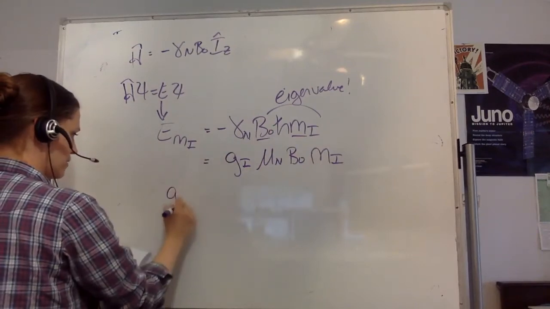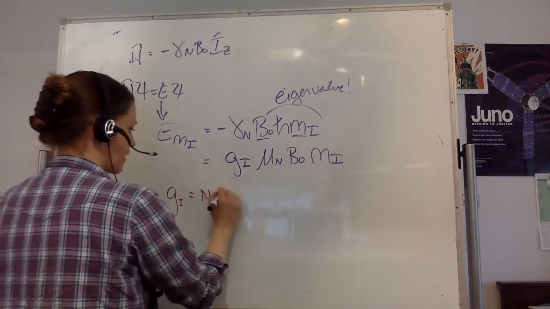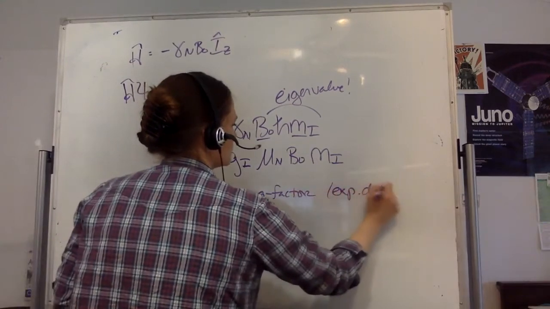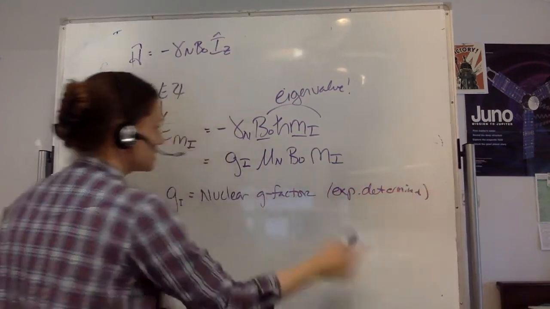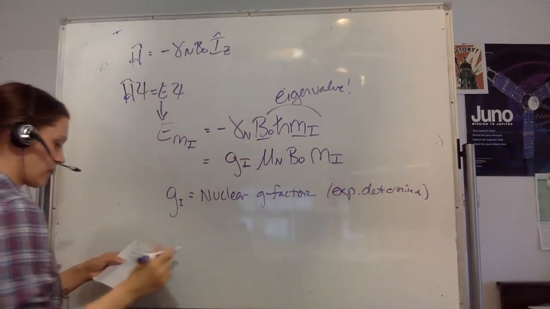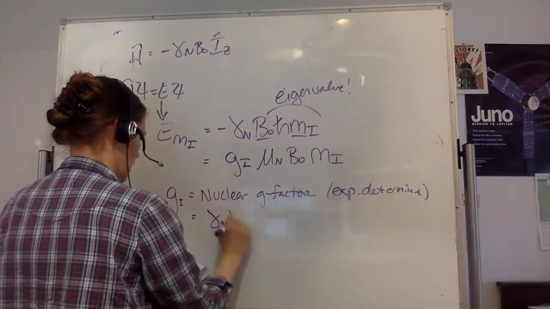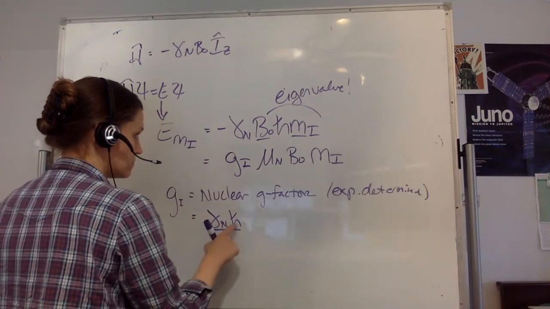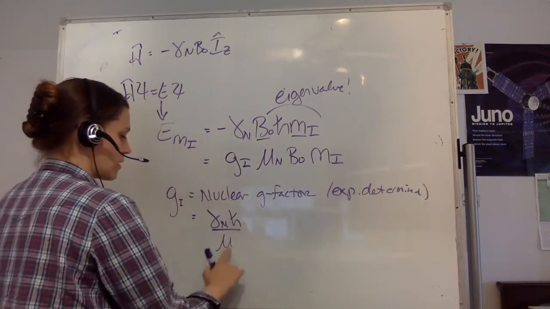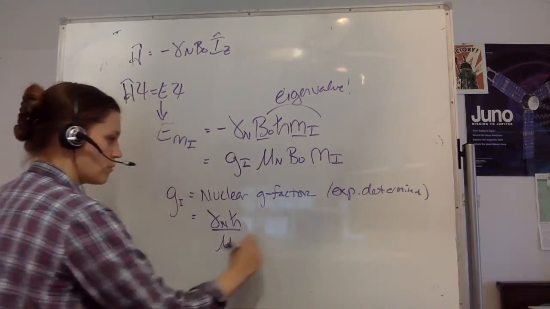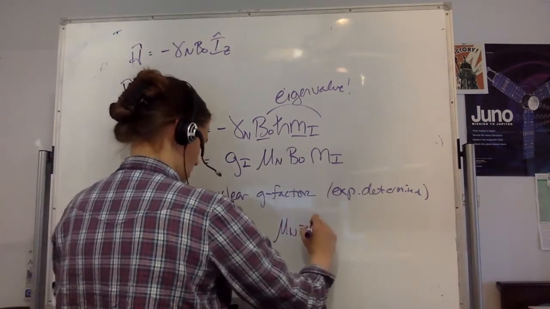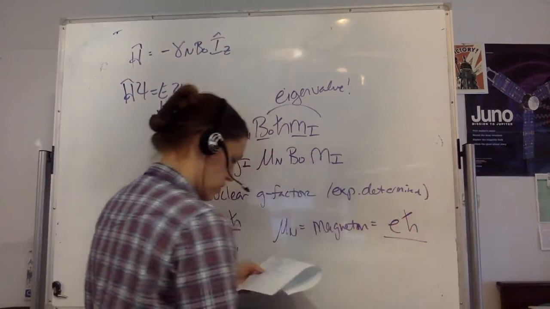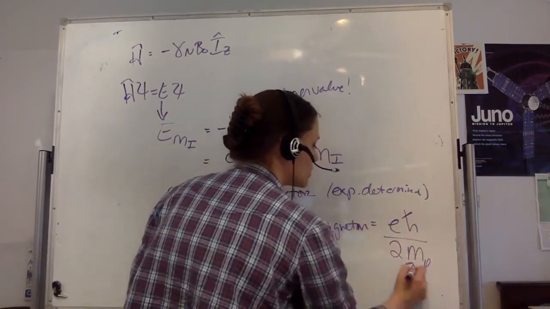So g sub I is equal to the nuclear g factor. This is experimentally determined because it contains this gyromagnetic ratio, and it equals gamma h bar over mu N, where mu N is the nuclear magneton, and that equals e h bar over 2 times the mass of the proton.